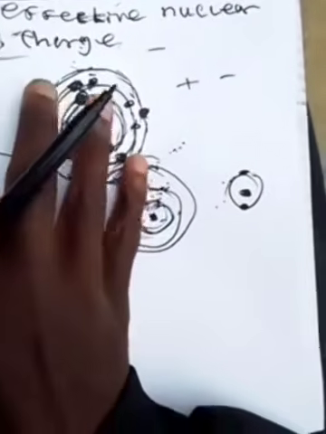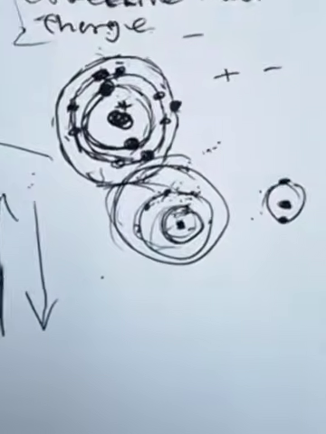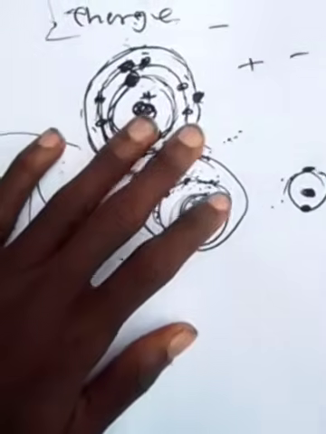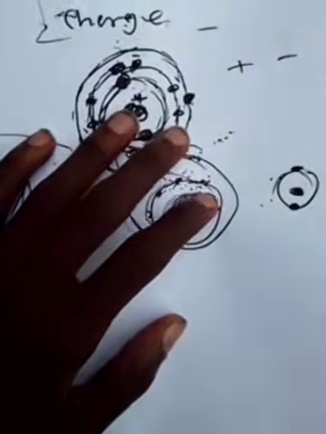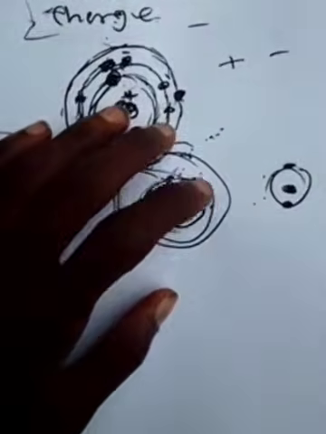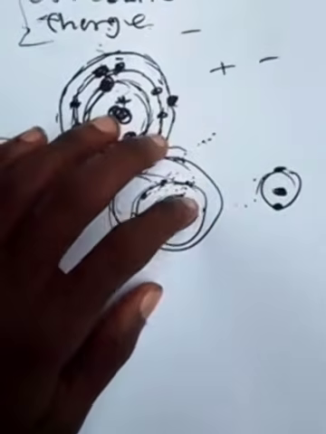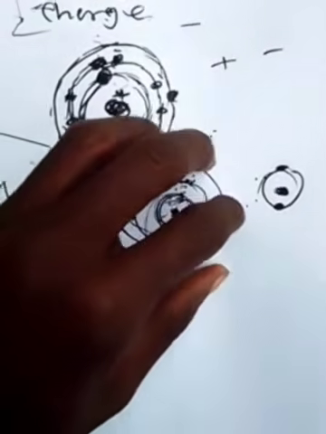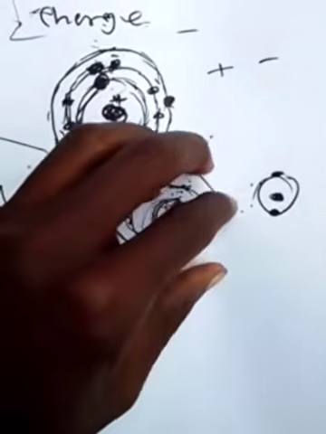You can also talk about the size. Even the size, but it is because of the increase in the number of shells. In some books they will say that it is because of the increase of the atomic size. The atomic size increases because of the increase of the shells.